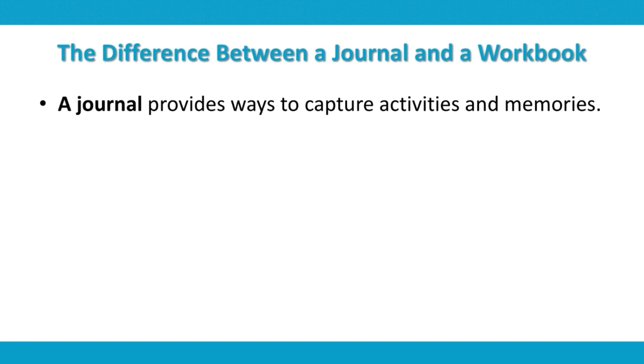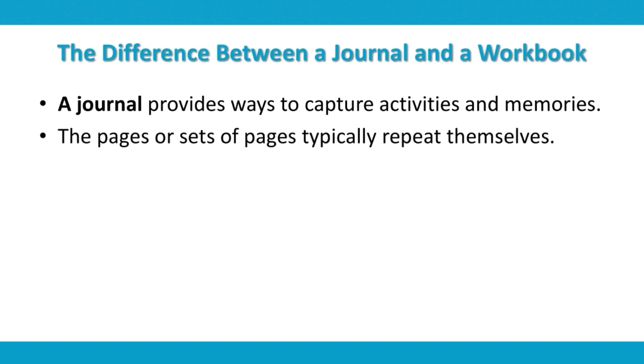But how a journal differs from a workbook is that journals typically are ways to record content, versus a workbook, which I'll talk about in just a moment. So a journal typically provides ways to capture activities and memories, and the pages or sets of pages, whether they're 2 pages or 4 pages, typically repeat themselves.